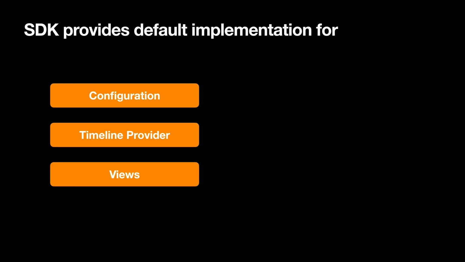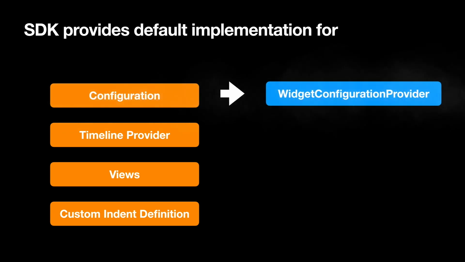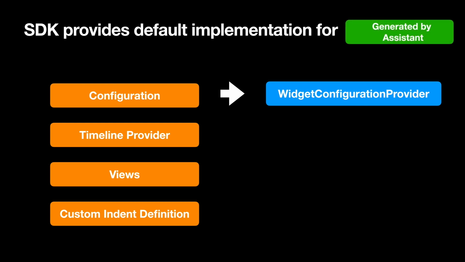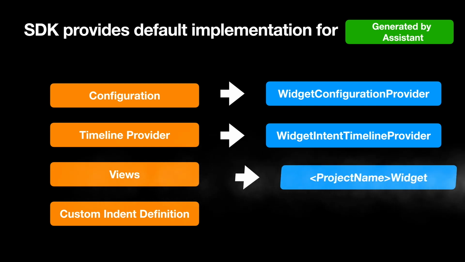And there are SwiftUI views used by WidgetKit to display the widget. By adding a custom SiriKit intent definition and an intents extension, you can let users customize the widgets to show the information that's most relevant to them. And for all of these areas, the assistant is generating code artifacts, and we will have a look at these in a short moment.